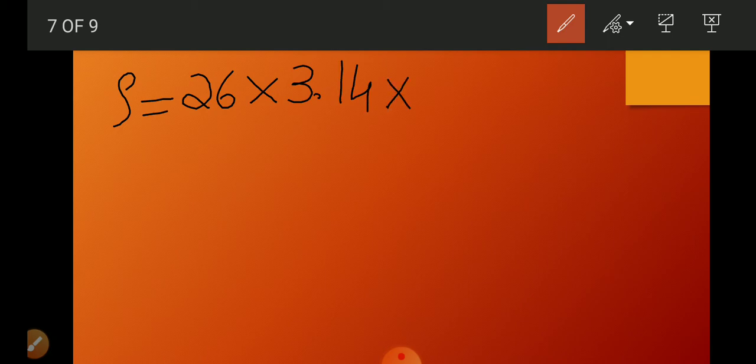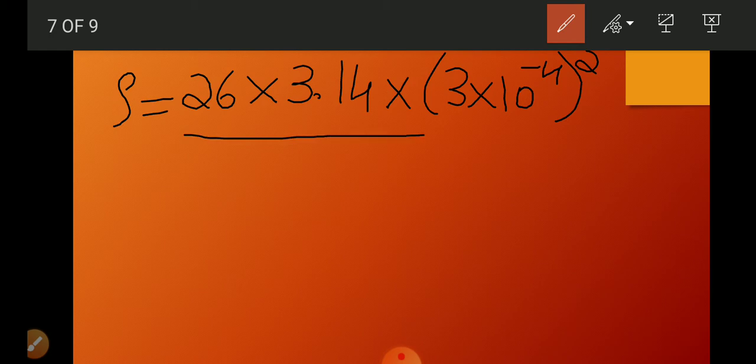So d was 3 into 10 raised to minus 4, squared. Okay, d square was there. Divided by 4 into L. L was 1 meter, therefore I will take it as 1. So now just let us cancel.